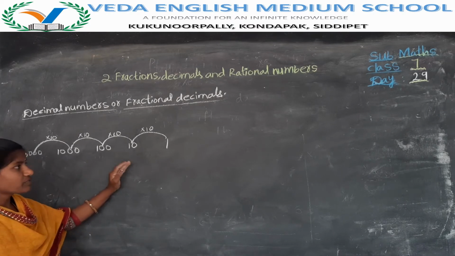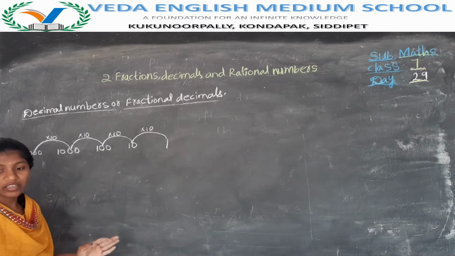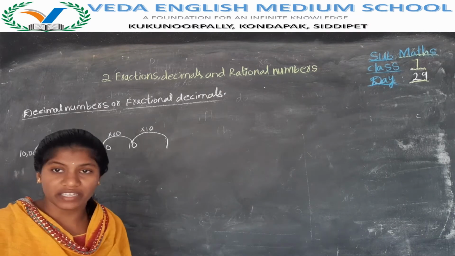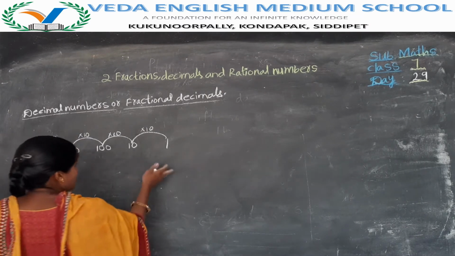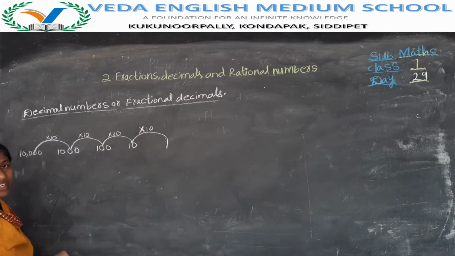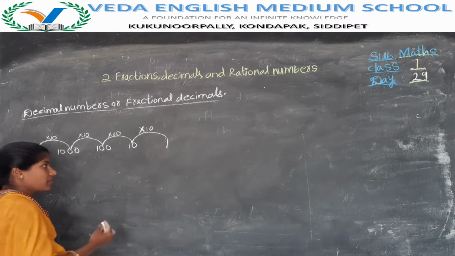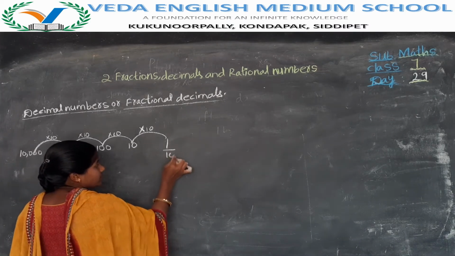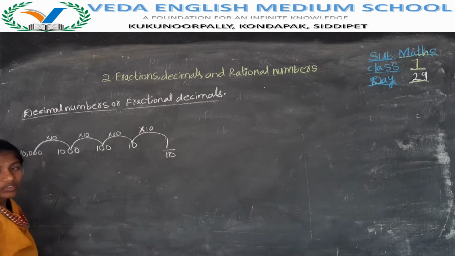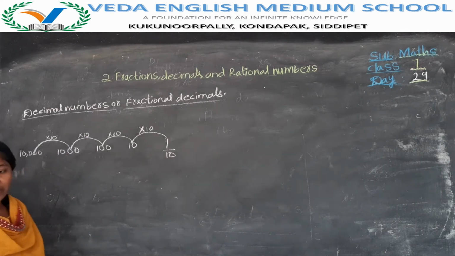When you come from left to right, the same place value divides. It becomes divided by 10. While you are coming from right to left, it multiplies by 10. In the same way, while you are coming from left to right, it divides by 10. Then that means it becomes 1 by 10. Okay?